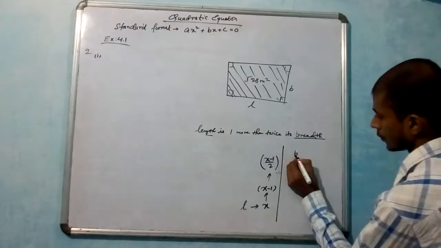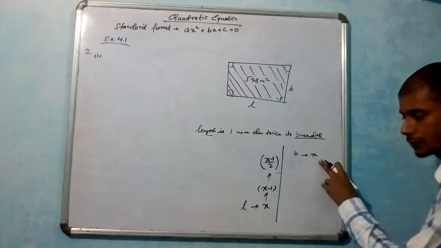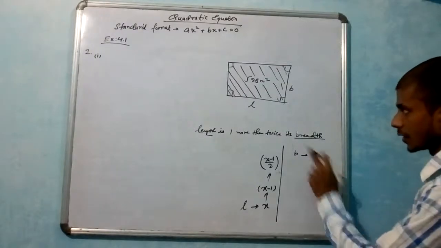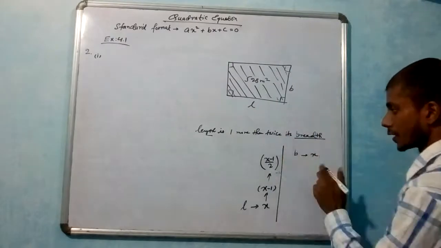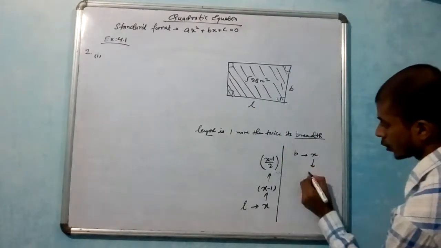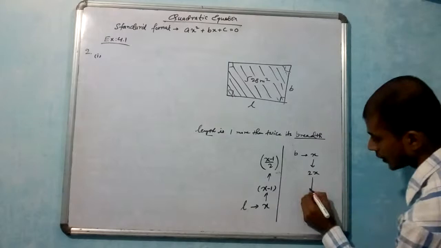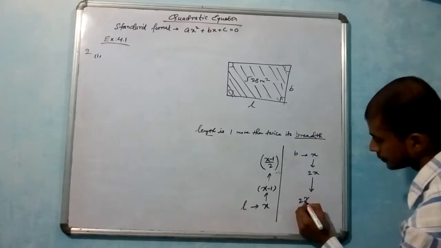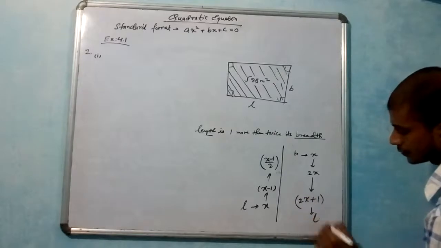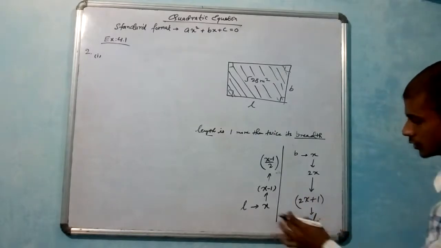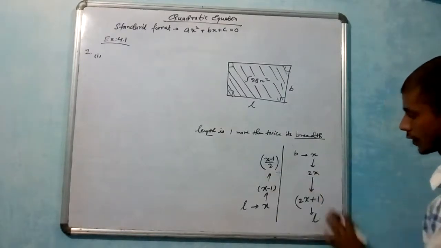So is it a good way of assuming, or let us assume from breadth? If breadth is x, then according to the question, length is 1 more than twice its breadth. So make the breadth twice and increase 1 in that. This is the length. Is it a good way of assumption?